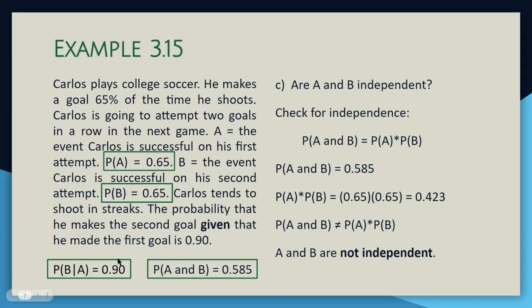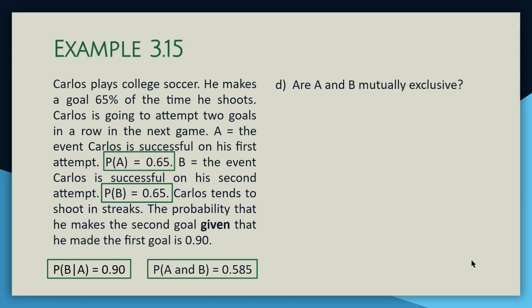We can also see that a little bit more directly. P(B) is 0.65. P(B given A) has happened, is 0.9. So we know that what happens second depends on what happens first. So A and B are dependent. The last question is, are A and B mutually exclusive?